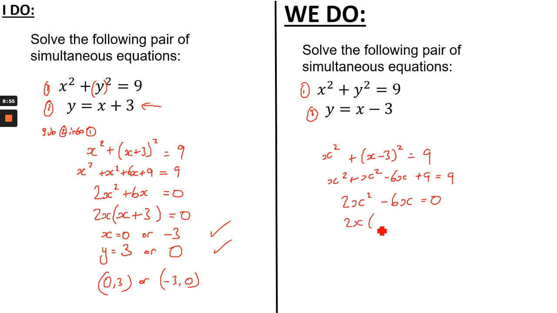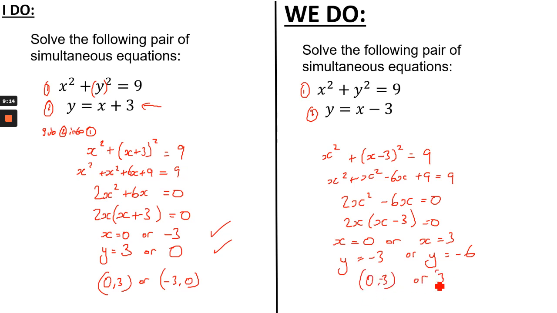So then I've got 2x(x minus 3) this time. So my values are x equals 0 or x equals 3. So my y values must be negative 3 or 0. That gives us those coordinates like so.